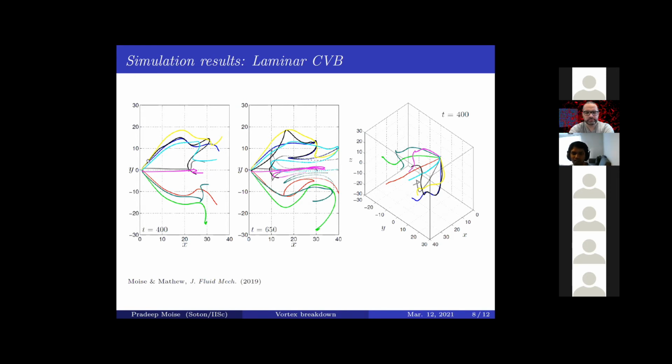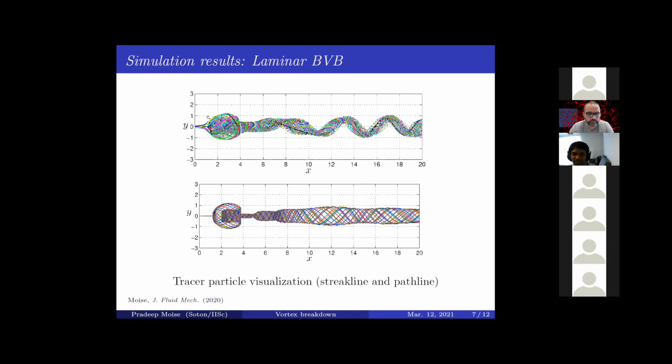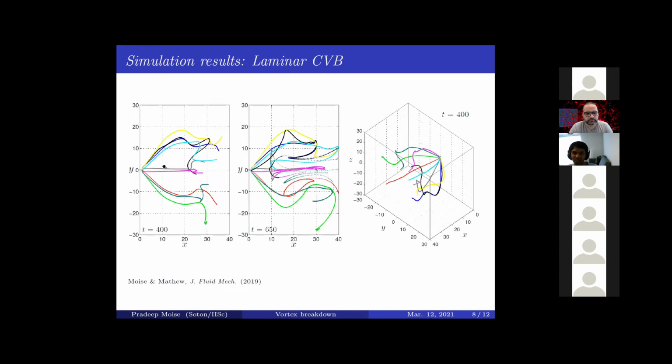And another feature to note is the lateral extent. It expands almost to 20 times the radius of the jet, whereas compared to the bubble form, which is maybe 1 times the radius of the jet. So that's the recirculation zone size associated with the conical form. And you can also see that it's not rotating much.